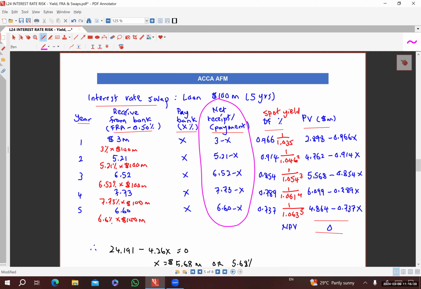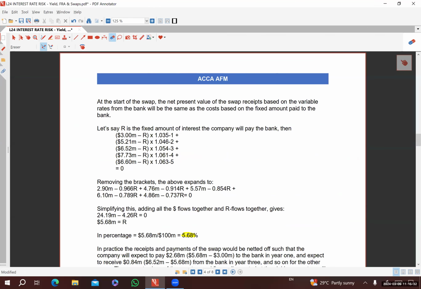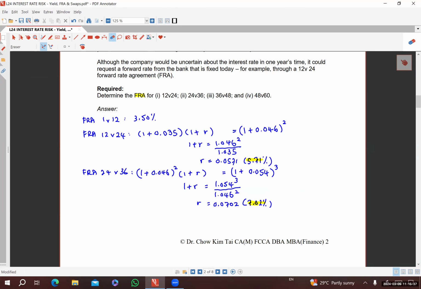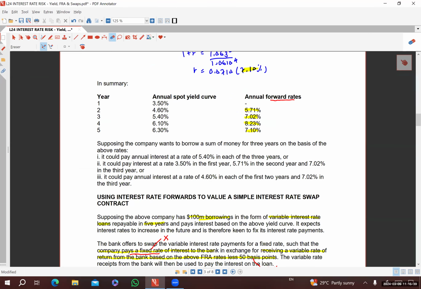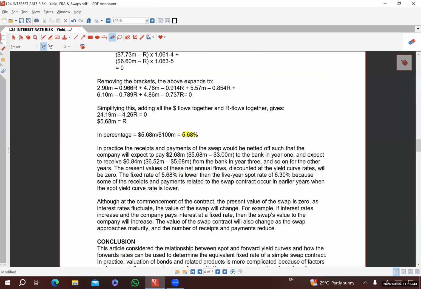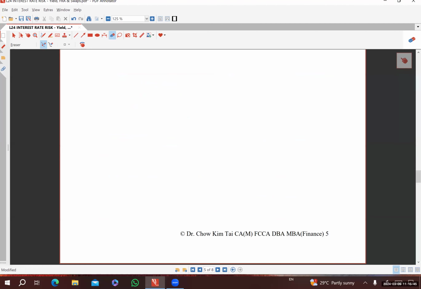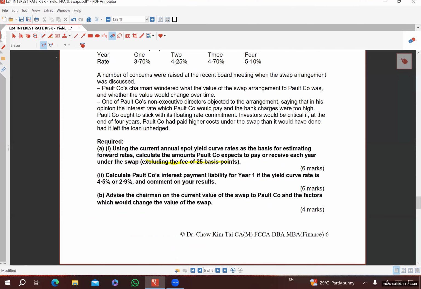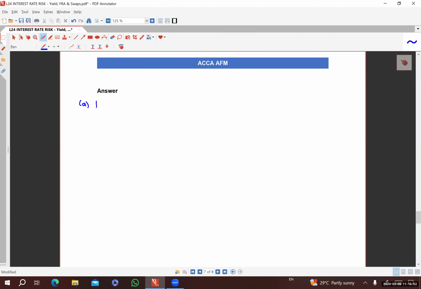So let's do that. First we need to find the FRA like this, and then we prepare this table. Start from the FRA, the forward rate for the forward contract.